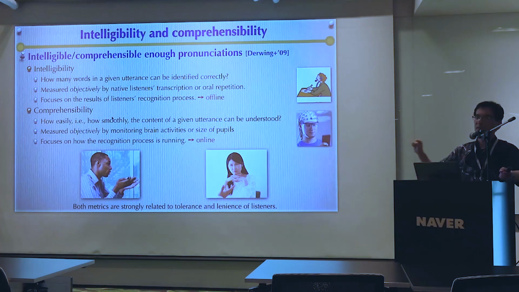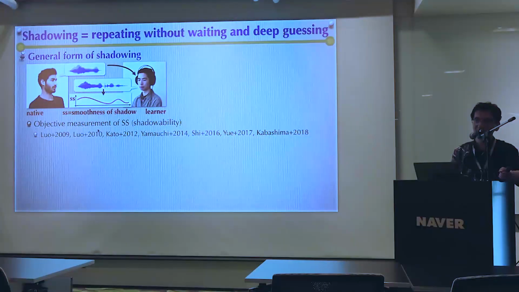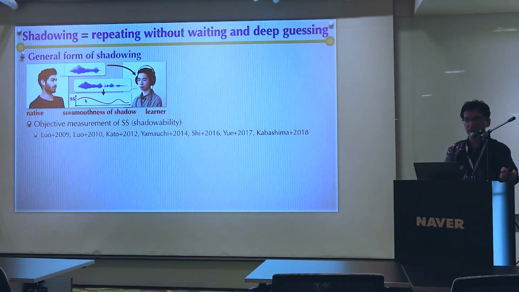Repetition minus waiting becomes shadowing. Shadowing is a repetition without waiting. The general form of shadowing is this: native utterances are presented to learners, and learners have to shadow.